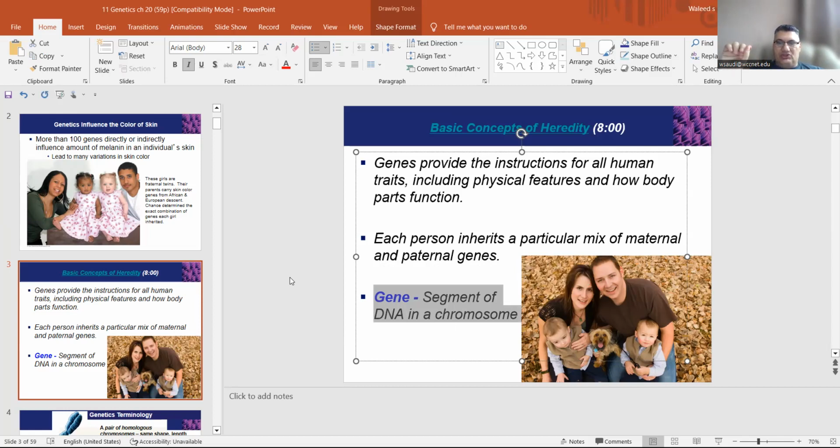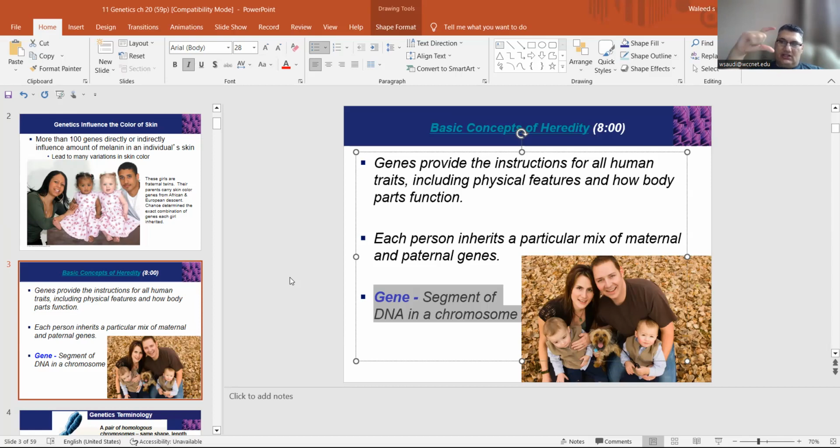It's extremely important to know what is the gene, what's the DNA, what's a chromosome, what's a chromatin. These are different terms that we have to know. So DNA is different segments. Each segment is a gene that has specific instructions for a specific trait, can be for a specific protein.